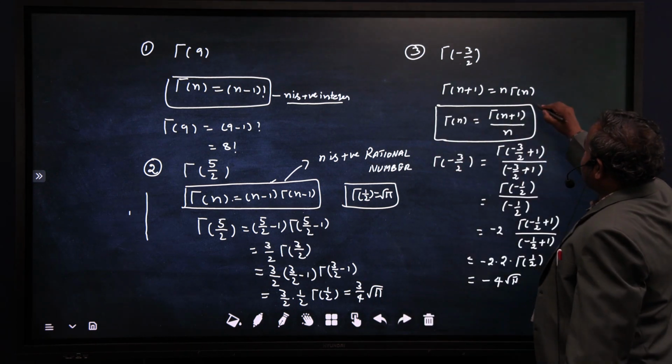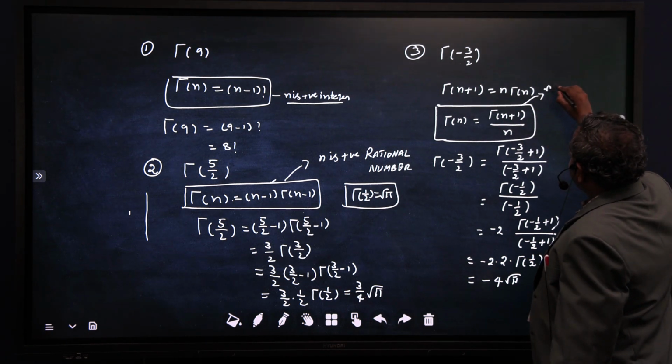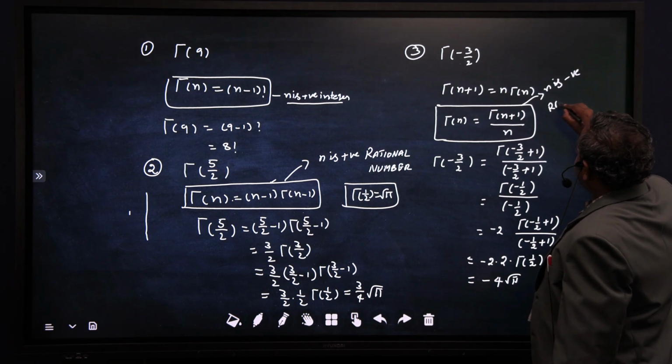Whereas the third formula, gamma of n is equal to gamma of n plus 1 by n, we use for n a negative rational number.